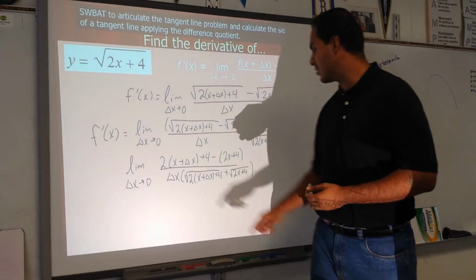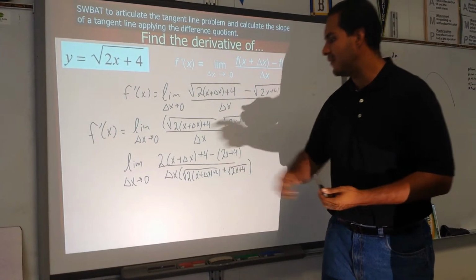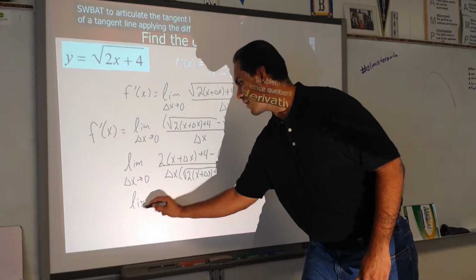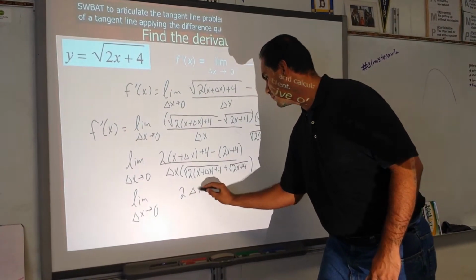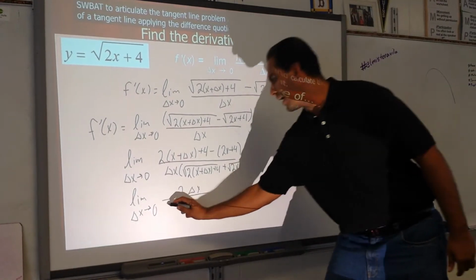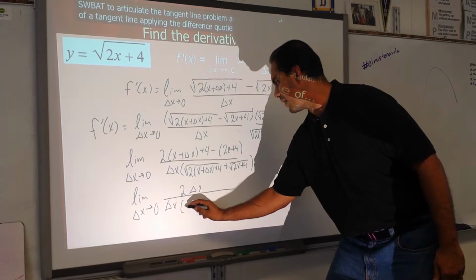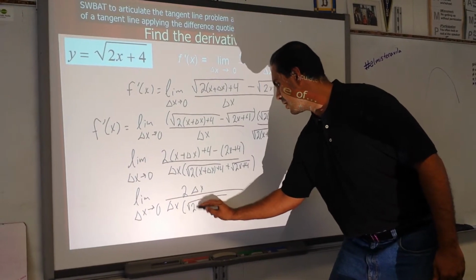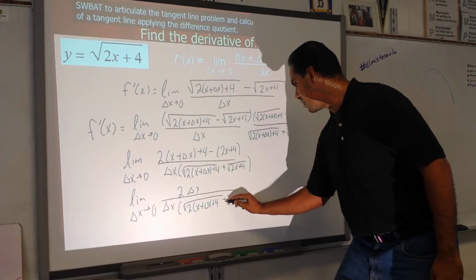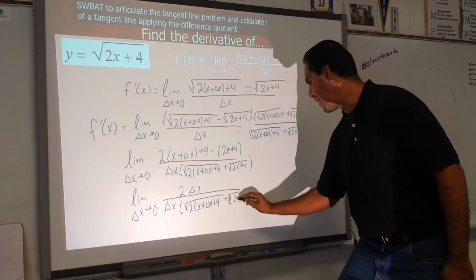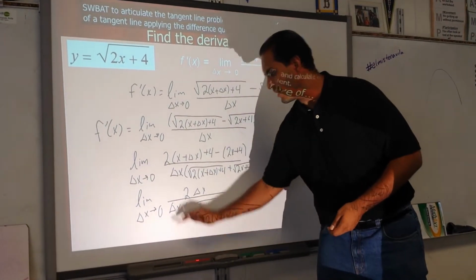The 2x is going to cancel with the negative 2x, the 4 is going to cancel with the negative 4, leaving me with just a 2 delta x in the numerator, all over delta x times that whole conjugate that we multiplied the numerator and denominator by: the square root of 2x plus delta x plus 4, plus the square root of 2x plus 4. This allows us to cancel our delta x's, so the delta x's go away.